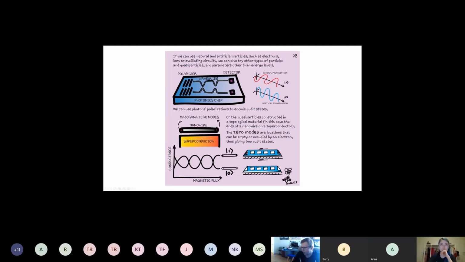So what we ended up using is nanowire on top of superconductors. And at the very end of the nanowires, you could create those zero modes. And the zero modes are the locations where electrons could occupy or not occupy, so leaving them empty. So you could assign those two states as your 0 and 1.